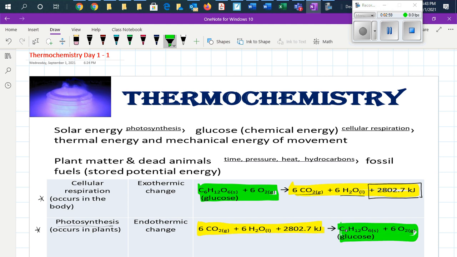In the first case, photosynthesis produces glucose, and the energy is absorbed from the sun, known as solar energy, to produce glucose, and in the other case, it is released into the environment.